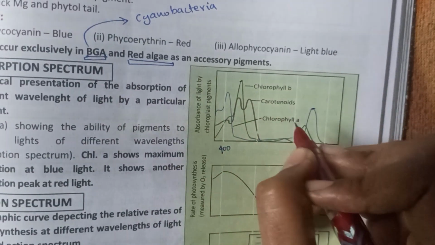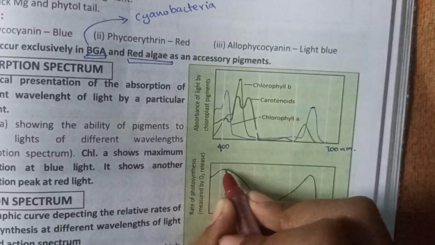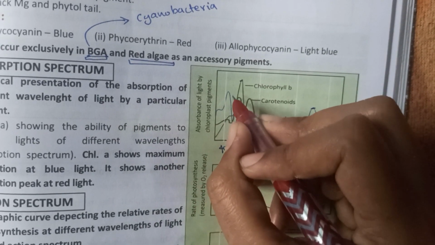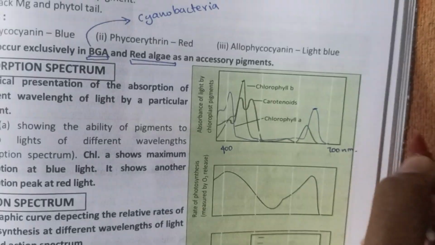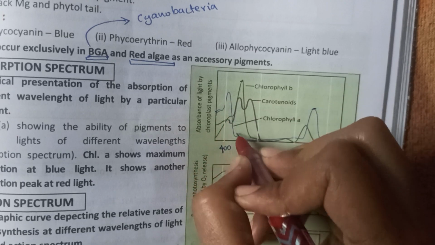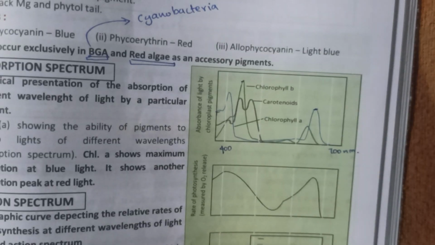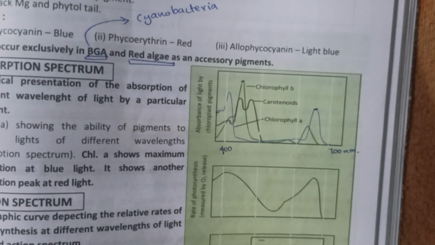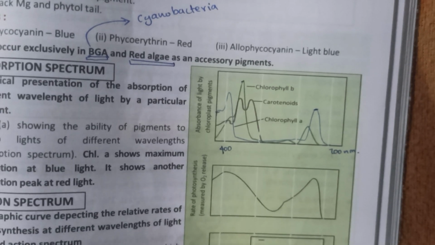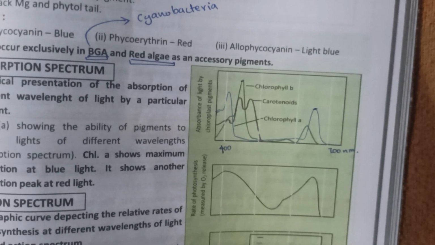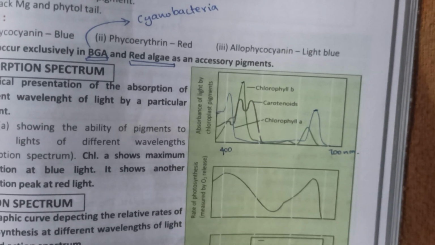This is the photosynthesis, and these are the pigments absorbing light. If we see chlorophyll A absorption and photosynthesis, they are correlated. With the light maximally absorbed by chlorophyll A, maximum photosynthesis occurs.